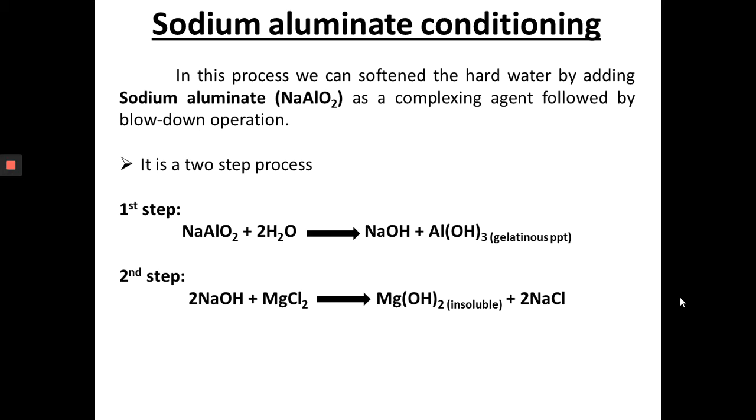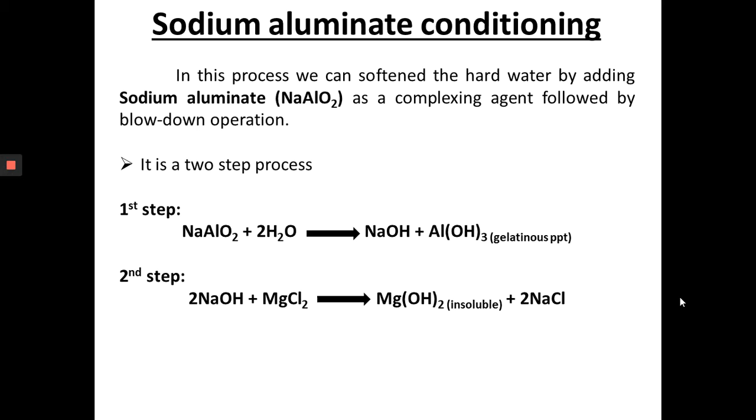Now, it has two steps to form the insoluble magnesium hydroxide material. How it forms: you can see, the first step is the hydrolysis of sodium metaaluminate to form sodium hydroxide as well as a gelatinous precipitate of aluminum hydroxide.